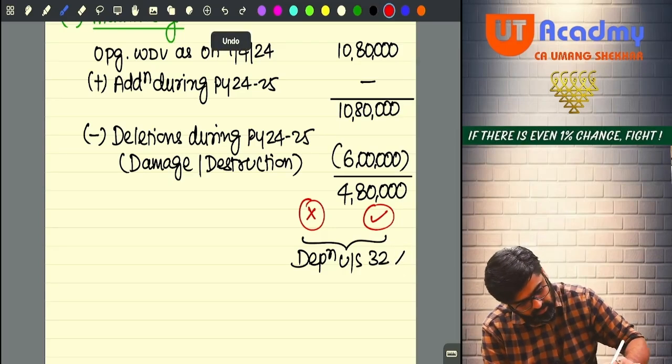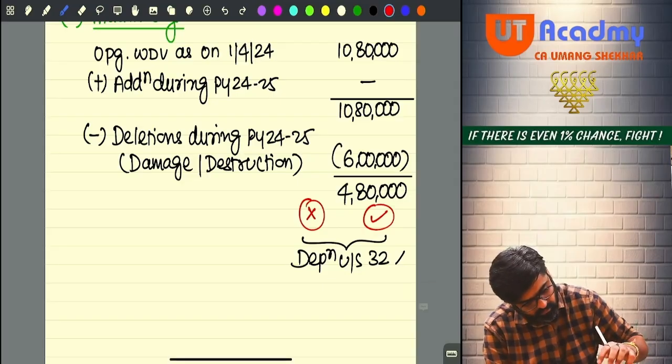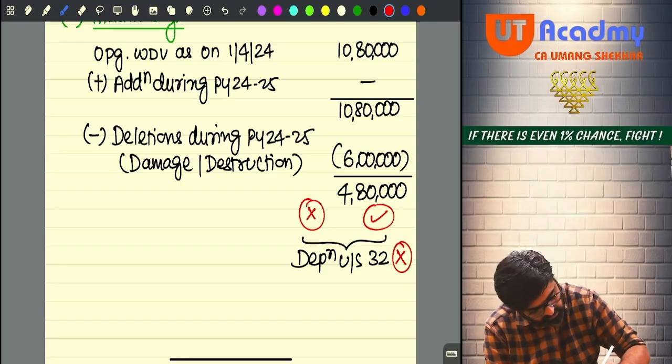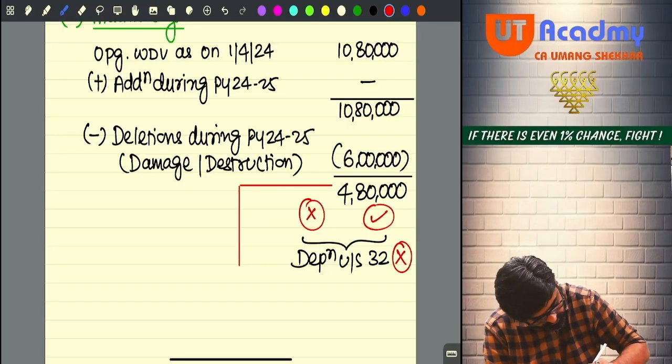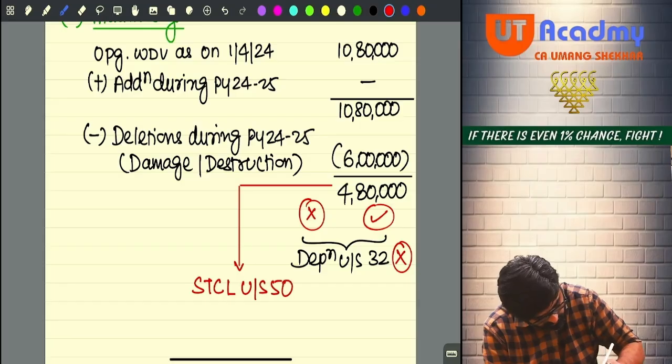Now what will I have to do? Come on, tell me. If I cannot calculate depreciation, that means this entire value remaining will now be treated as my short-term capital loss under section 50.